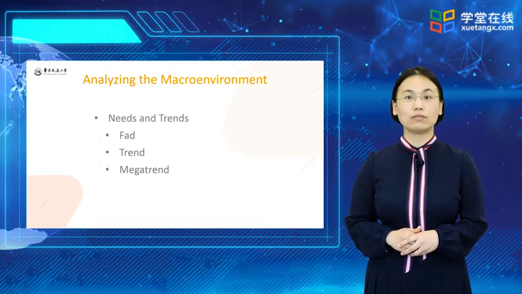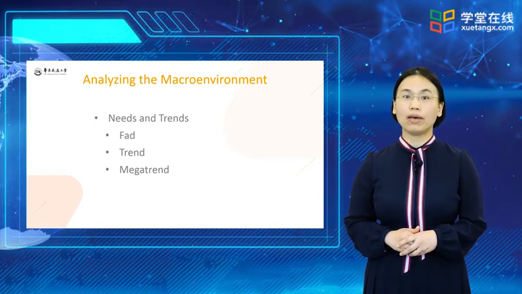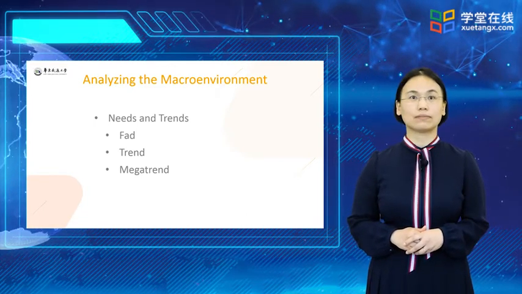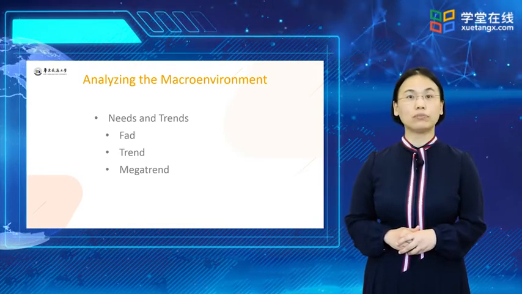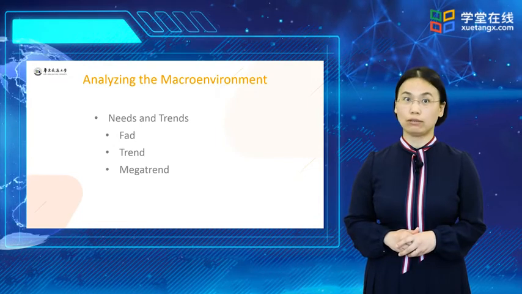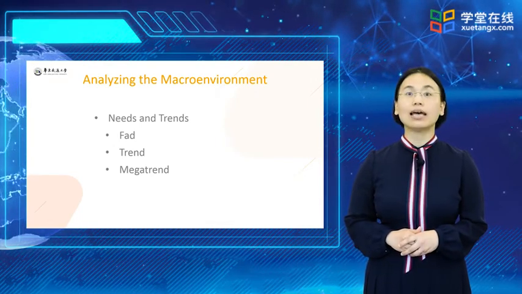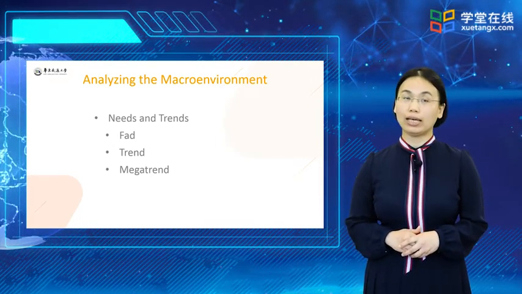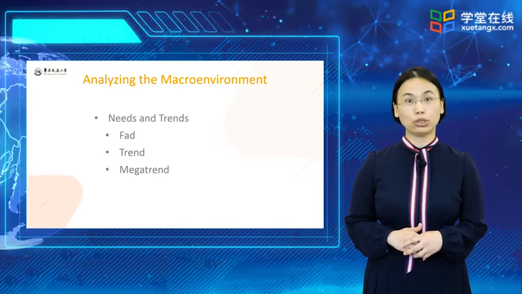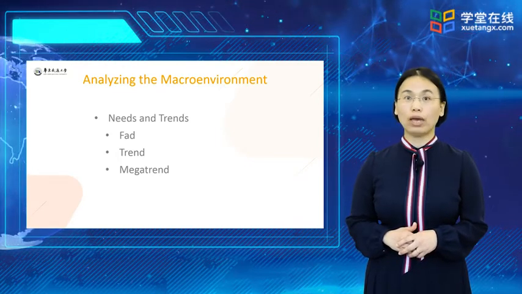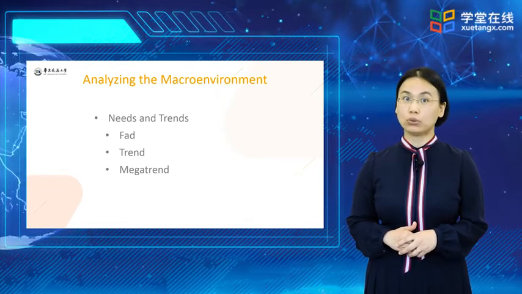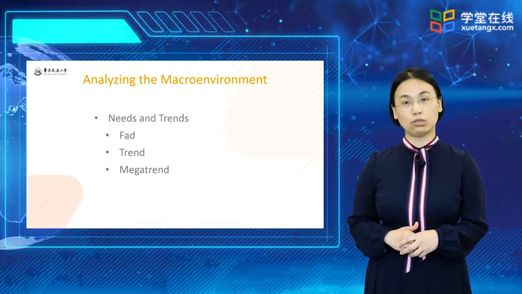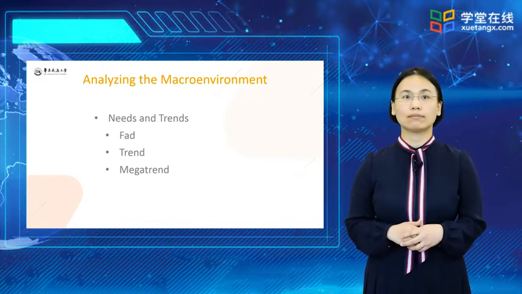A trend is more predictable and durable than a fad. Trends reveal the shape of the future and can provide strategic direction. A megatrend is a large social, economic, political, and technological change. It's slow to form and once in place influences us for some time, between 7 and 10 years or longer.